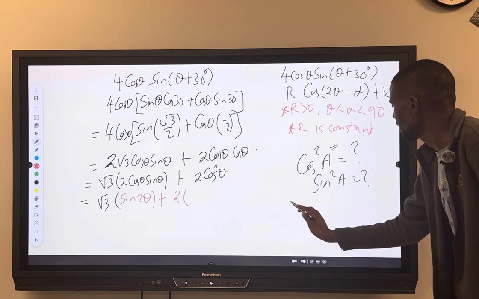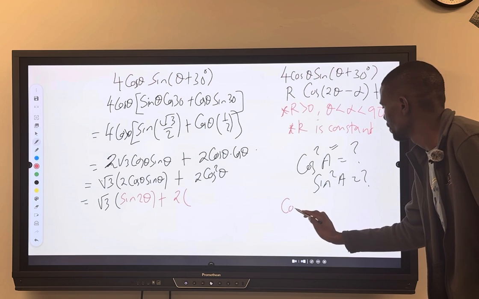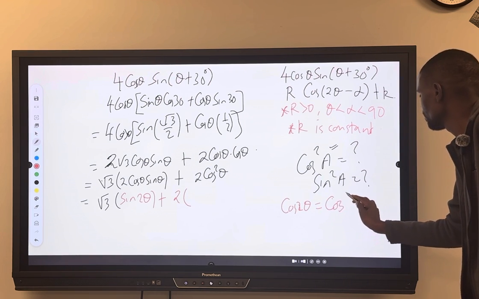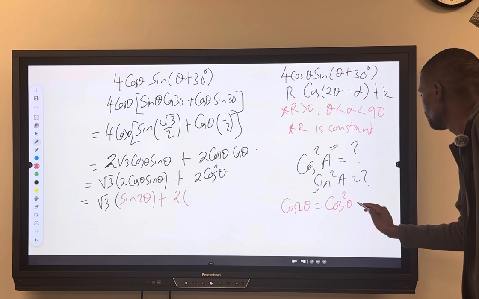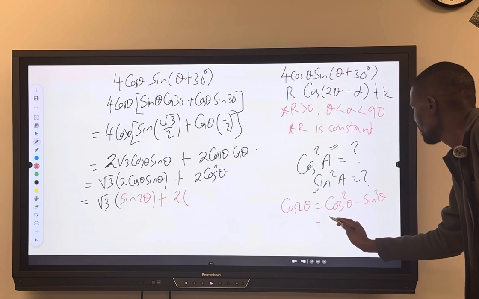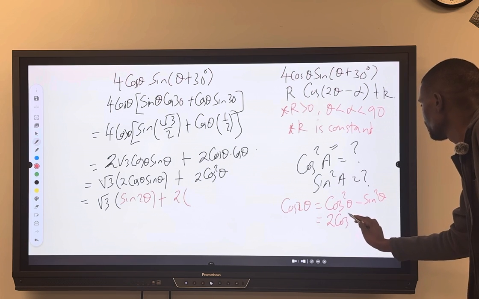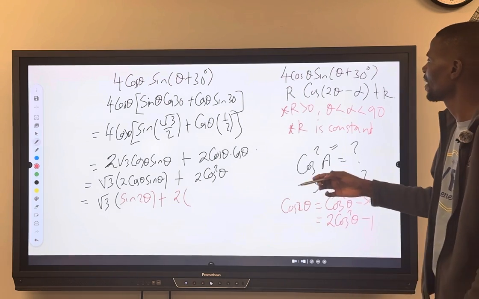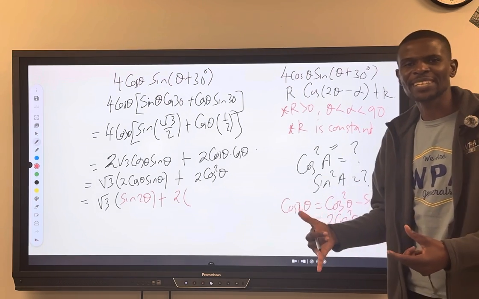Remember when I said cos 2 theta is cos squared theta minus sin squared theta, which is the same as 2 cos squared theta minus 1 from your identities, since sin squared theta plus cos squared theta is always 1.